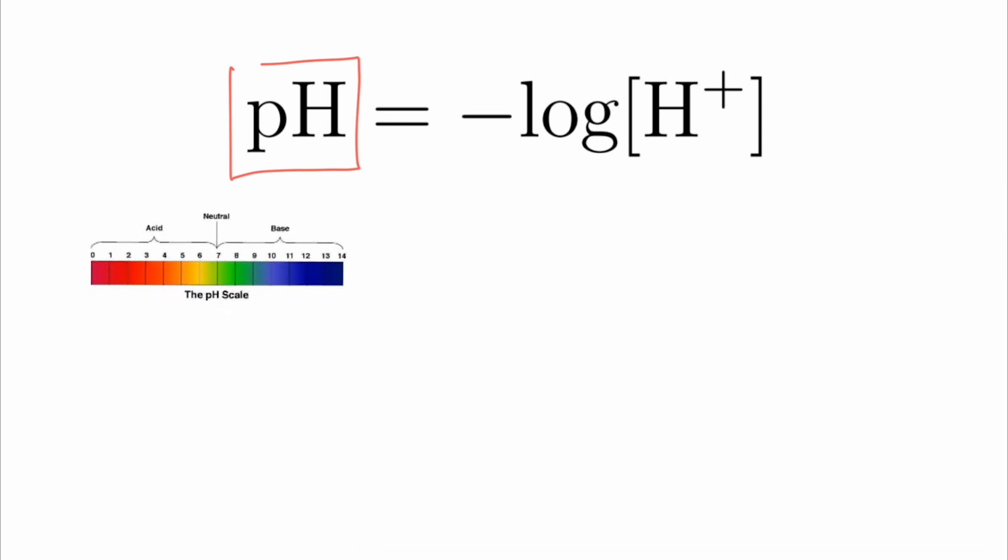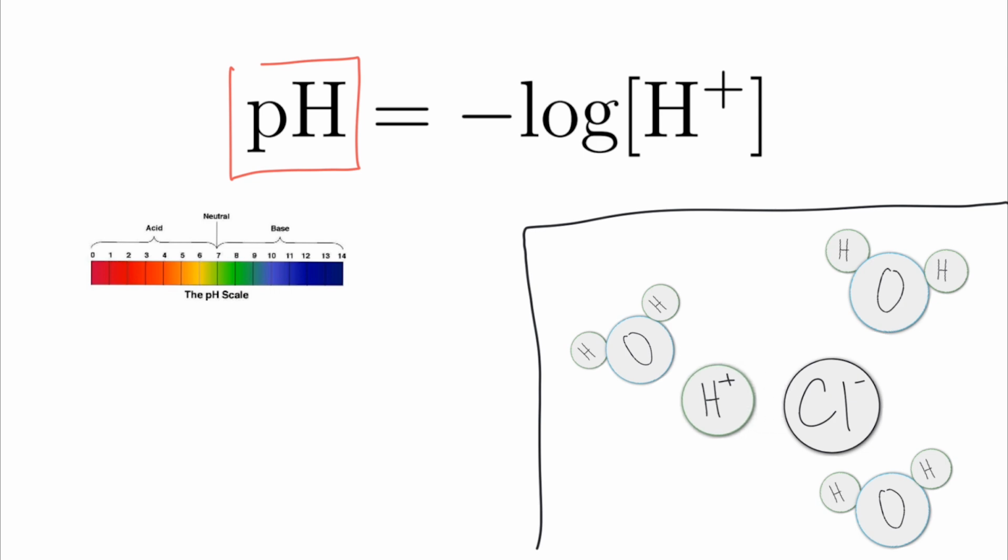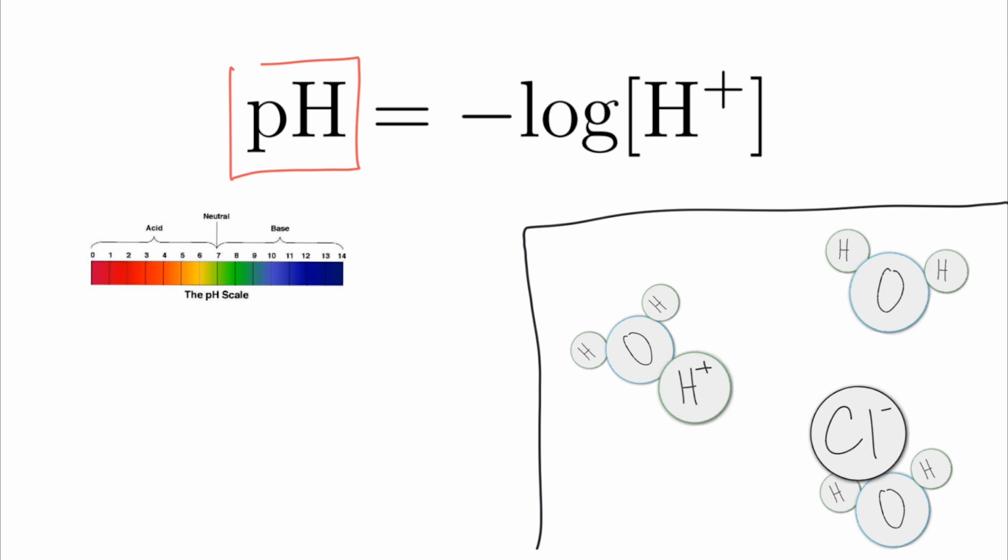You should have learned last week that acids are substances that produce hydrogen ions when dissolved in water. The hydrogen ions here are represented by H+. The brackets around the H+ mean that this is a concentration of hydrogen ions in a water solution, so its unit is going to be capital M or molar.